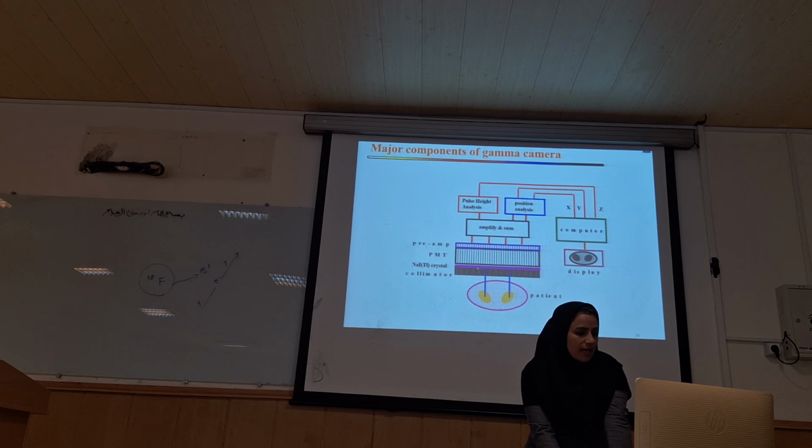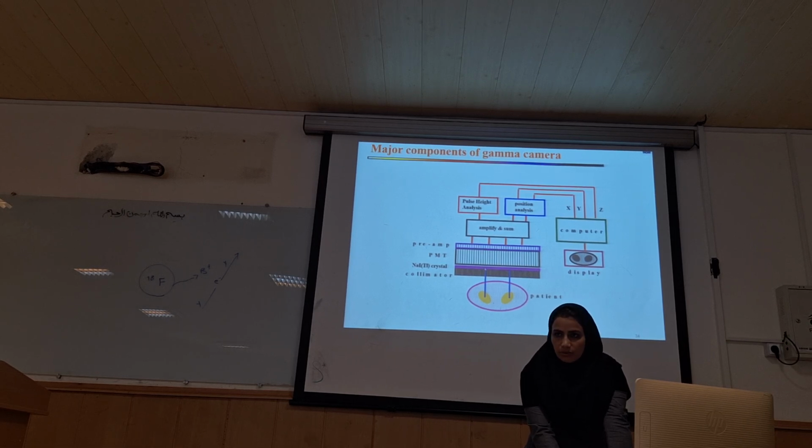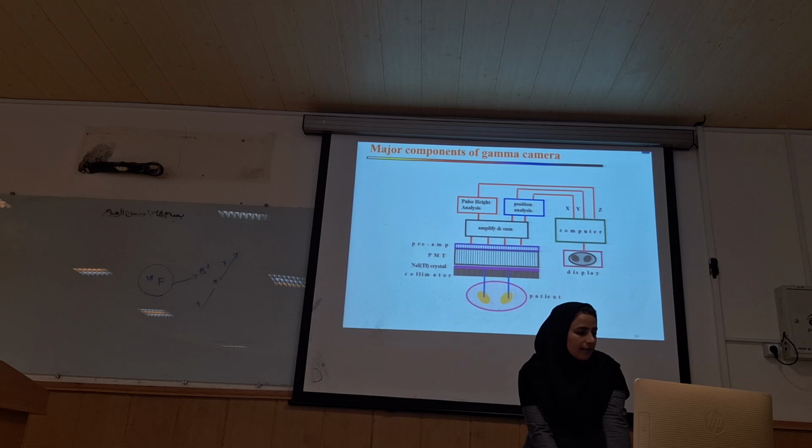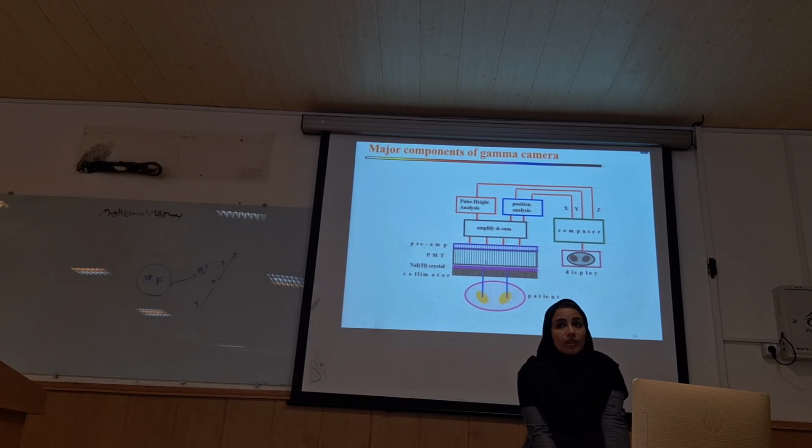After that, we have the crystal, which converts the gamma ray to light photons, and then the PM tube converts the light photons to an electrical signal.